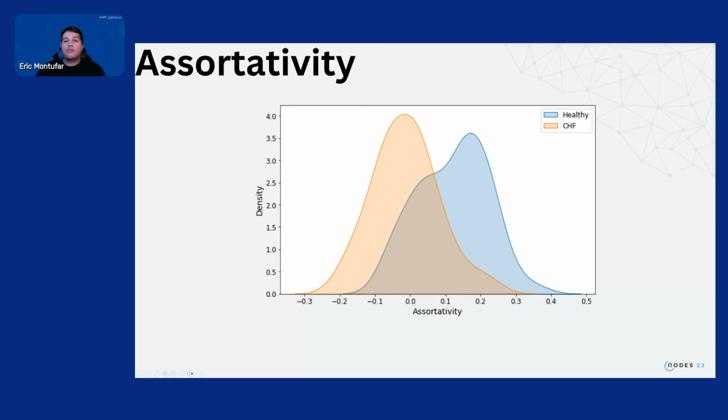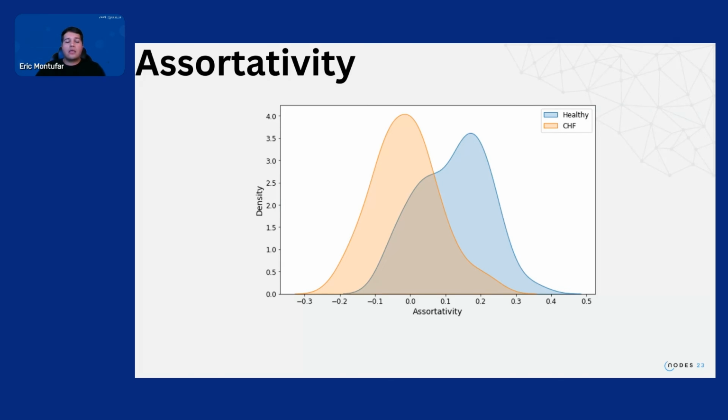As you can see here, for healthy, the values tend to be positive, and for CHF, it stands kind of in the middle, but more towards the negative side. I also ran a statistical analysis on this, and it turned out to be statistically different between the two.